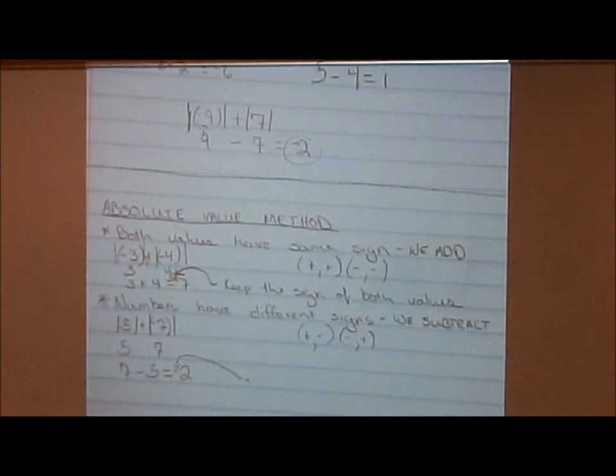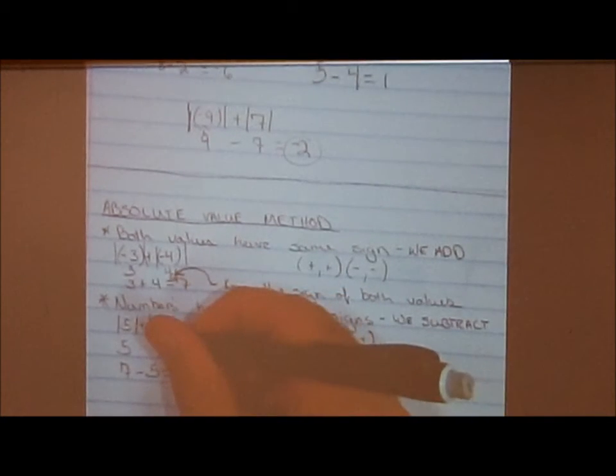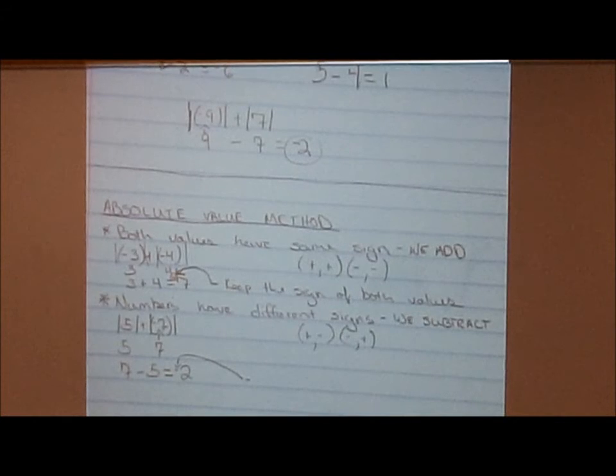So you look at the absolute value, right? You look at the larger absolute value, correct? And then, whatever its original sign was, that's what you use.